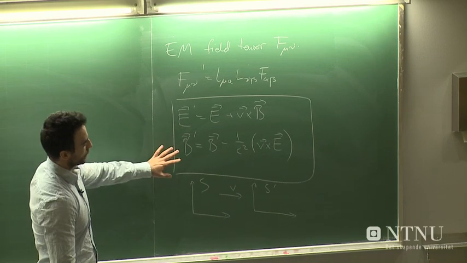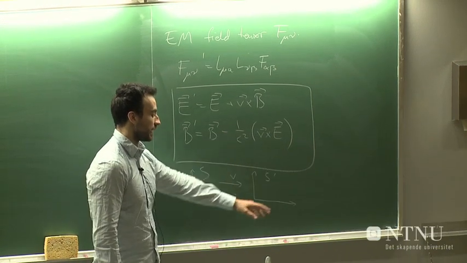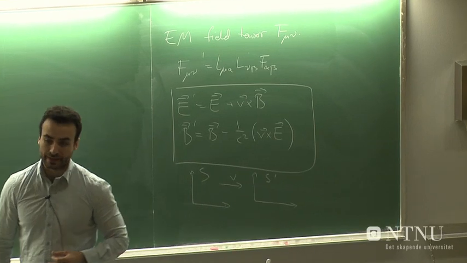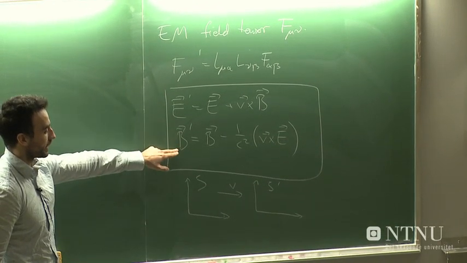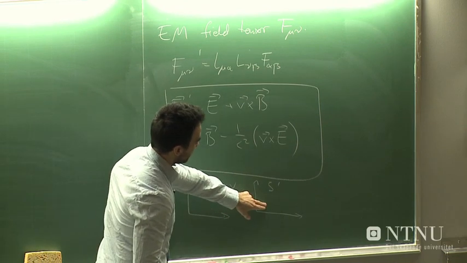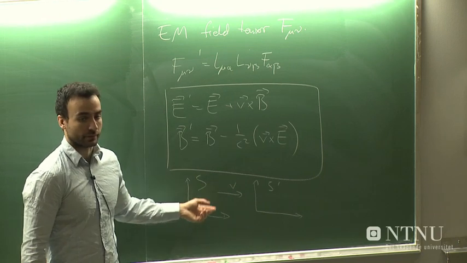So these equations correspond to a situation where we have a reference system S prime moving with velocity v relative to S. And so the electric field and the magnetic field in this prime system are expressed via the electric and magnetic field in the unprimed system in the following way.